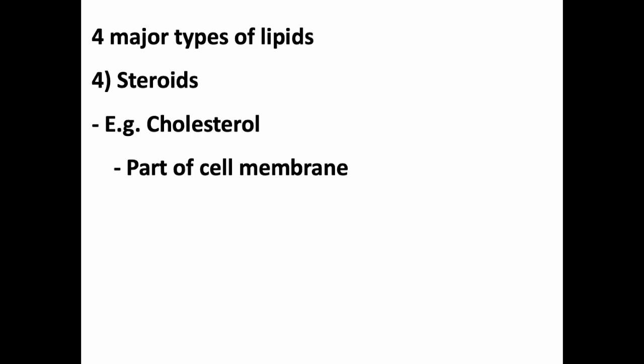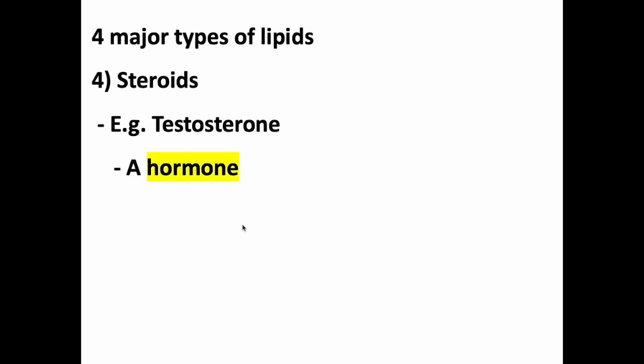Something that we're probably more familiar with, though, are steroids that act as signaling molecules. So there are many other steroids, like testosterone, for example, that function as hormones. So we'll see hormones later in this chapter as well. A hormone, to read from the key terms here, is a chemical signaling molecule that acts to control or regulate specific physiological processes. In other words, a hormone is a messenger.